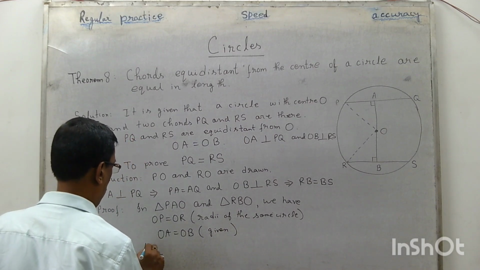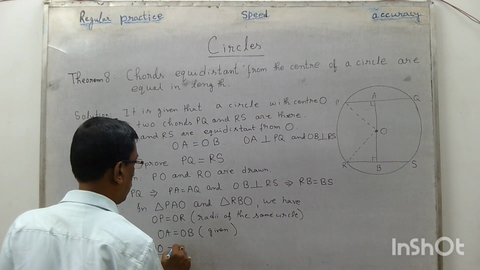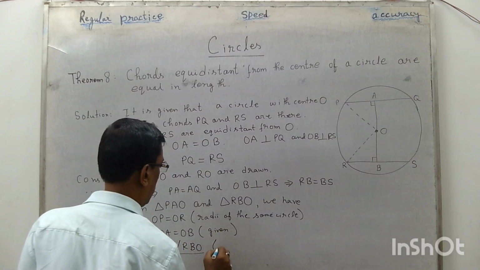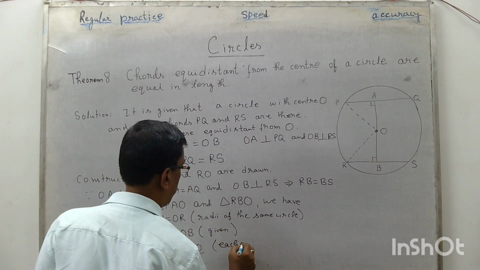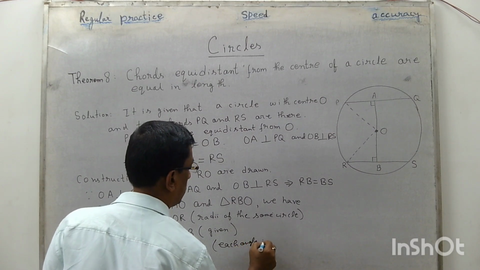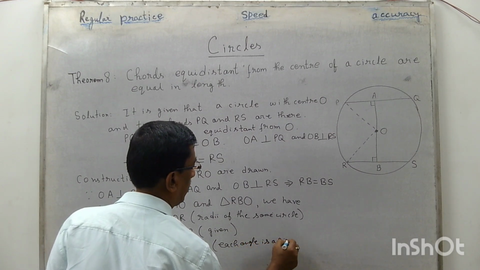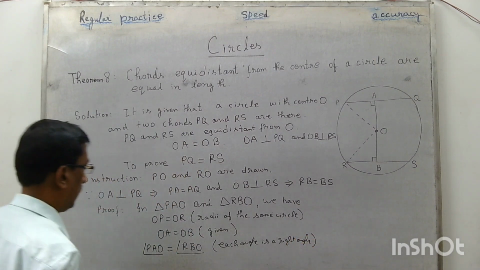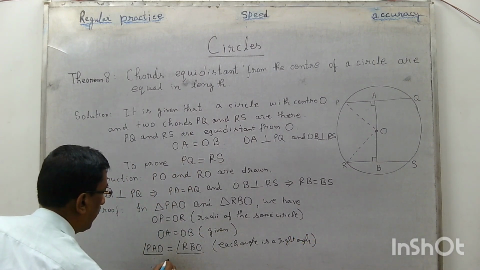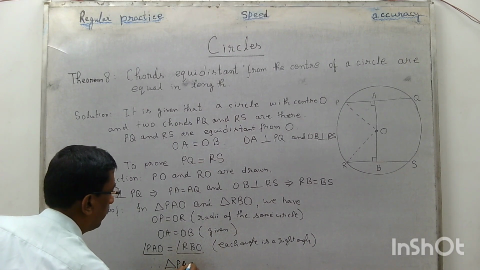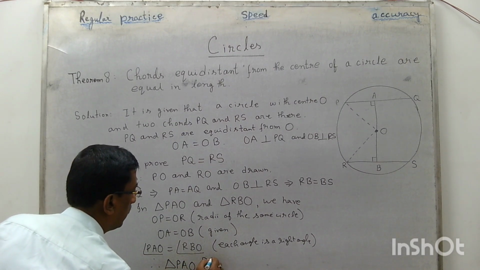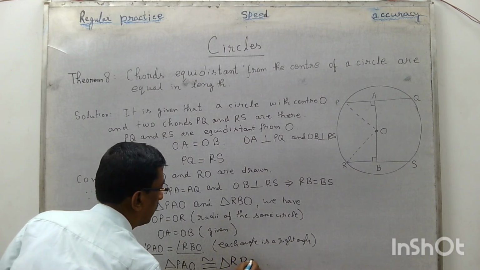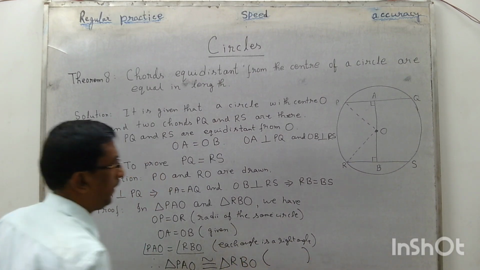Angle PAO equals to angle RBO. Each angle is a right angle. Therefore, triangle PAO congruent triangle RBO. क्राइटेरिया क्या है?